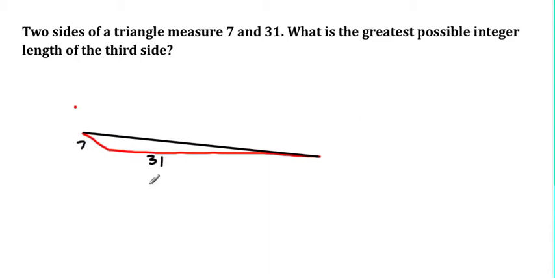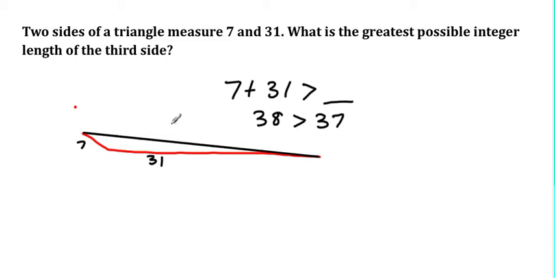Well, the greatest possible length is such that 7 plus 31 must be greater than my value, and that's 38 must be greater than 37. This side, its greatest possible length is 37. Its smallest possible length is very, very small.